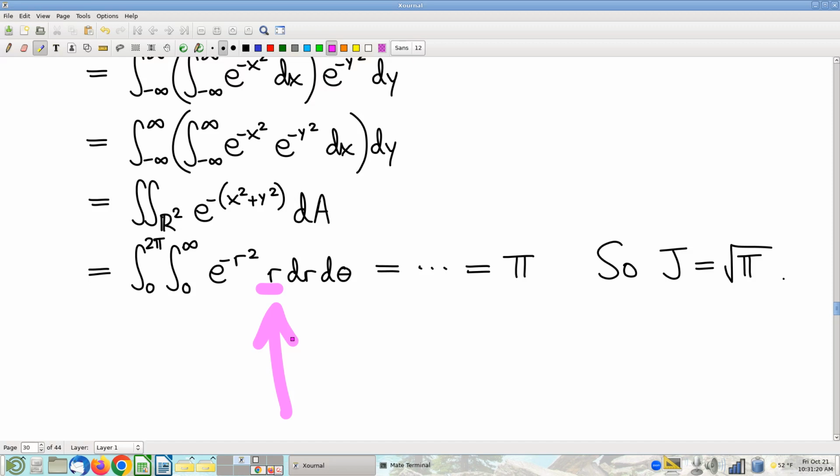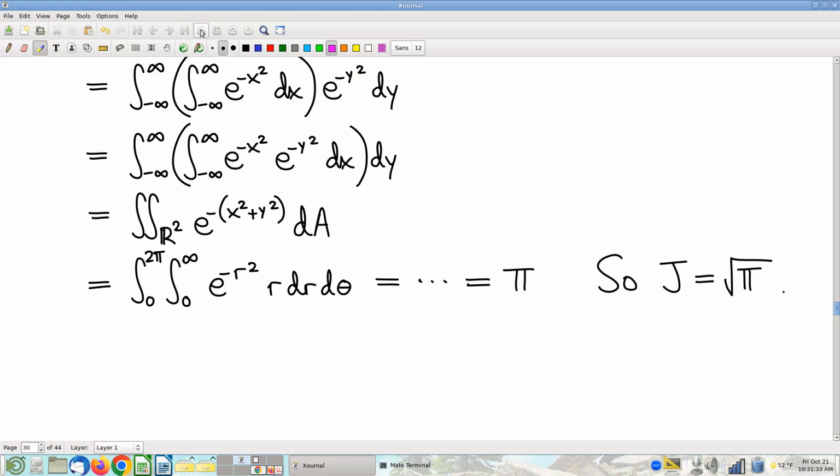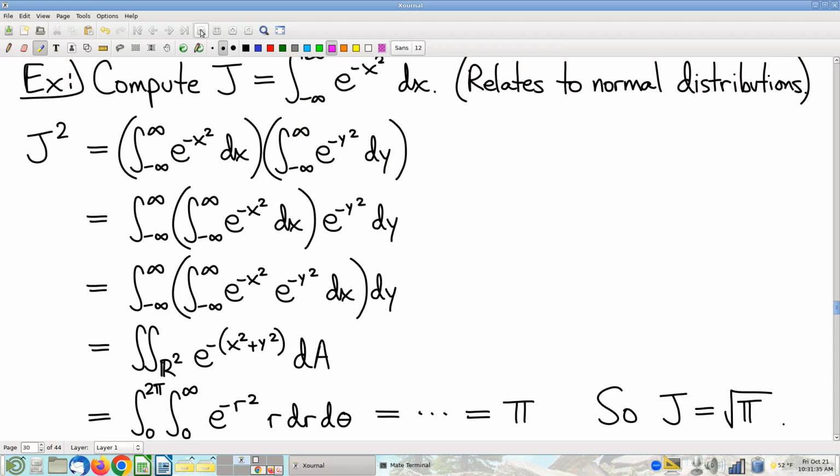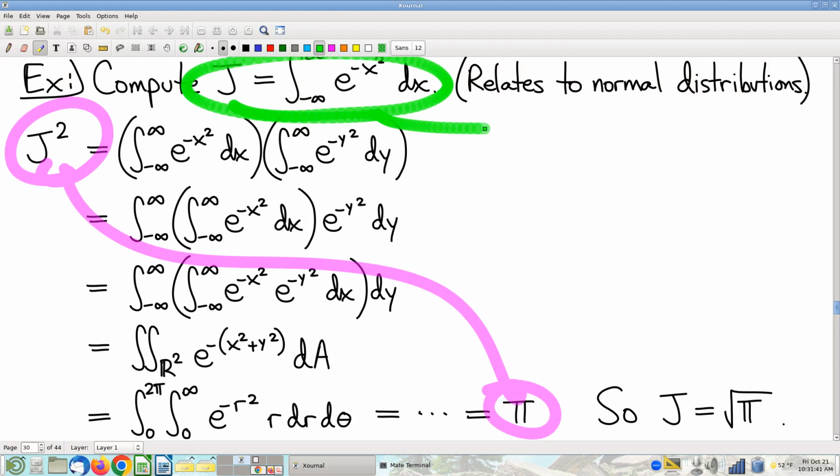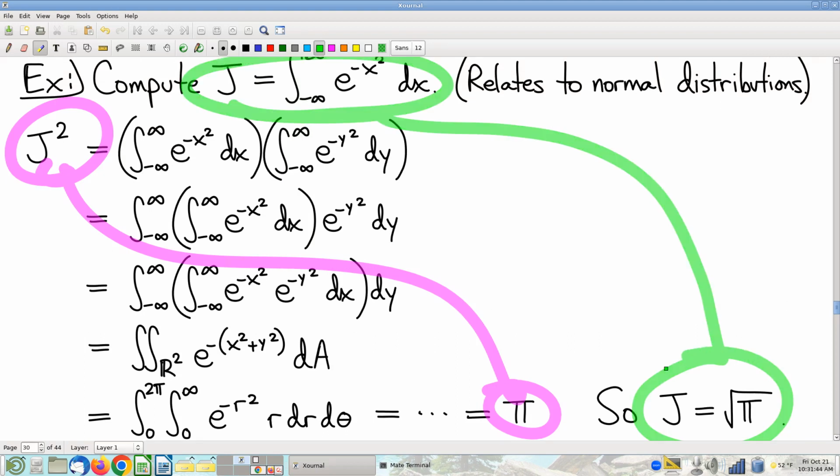I mean, technically you have to take a limit as k approaches infinity or, what have you, right? But it works out no big deal. And the value of this integral is pi. And don't forget, we were computing the square of what we actually wanted. So with j squared equaling pi, that means that j, this very important integral that we need, is the square root of pi.